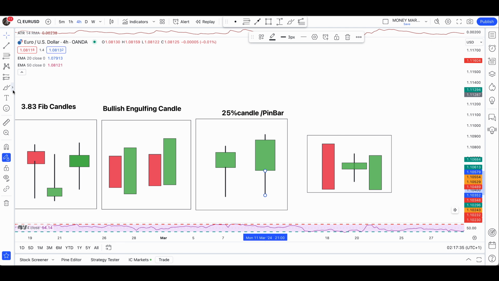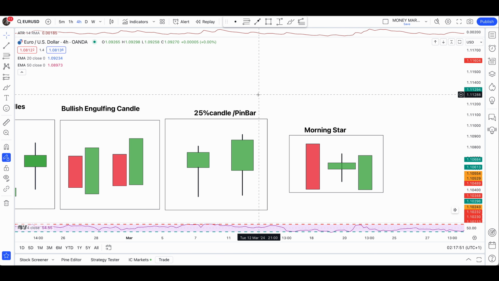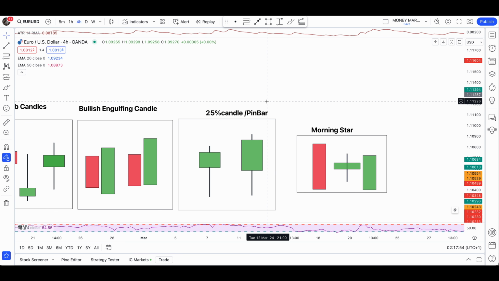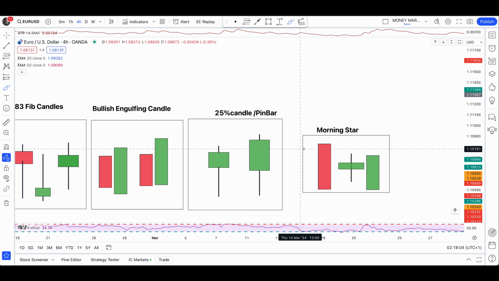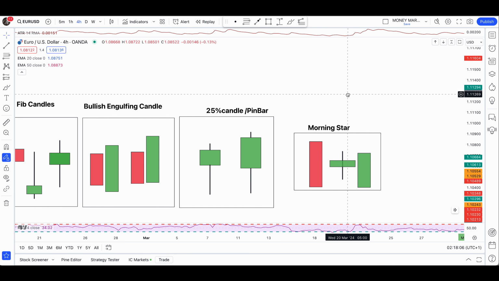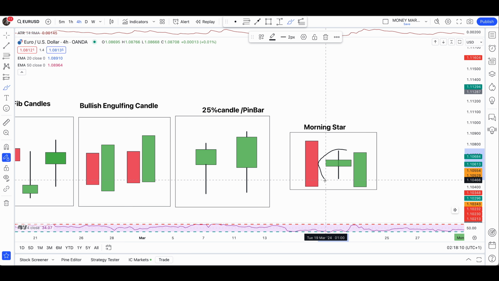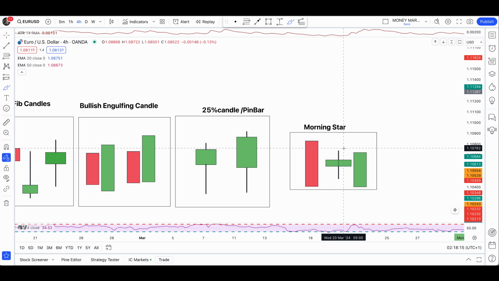The next one, we have the morning star pattern, which is a bullish pattern. Now all these are bullish patterns except this bearish 382 candle. Everything is going to be the same but flipped upside down. So here on the bullish pattern, how do we identify this pattern? Now here, this candle is called a spinning top. What does it mean? It means indecision between the buyers and sellers. Buyers want to push the price up, sellers push it back down.